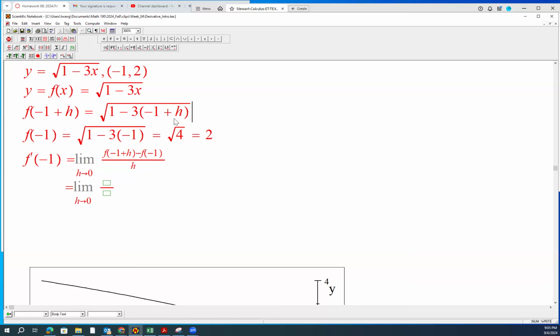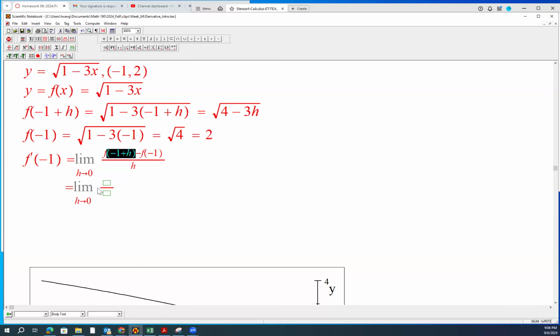Opening up the parentheses, -3 times -1 is +3, and 3 plus 1 is 4, and -3 times h is -3h.